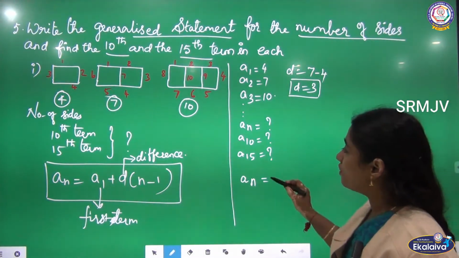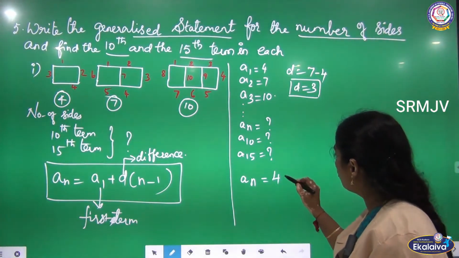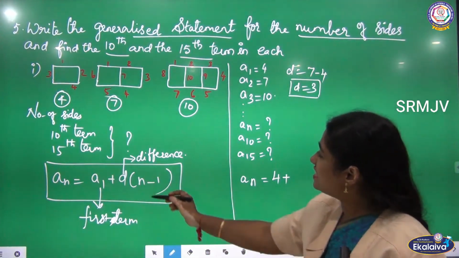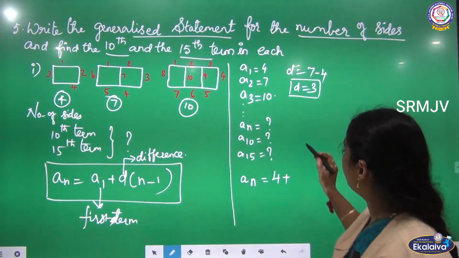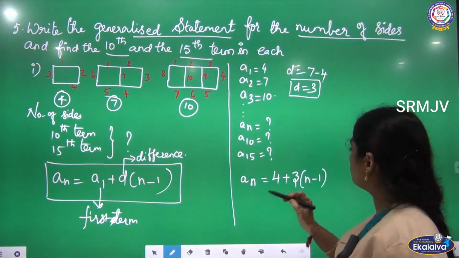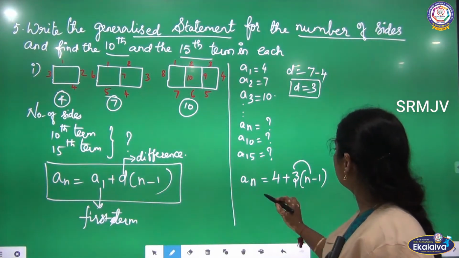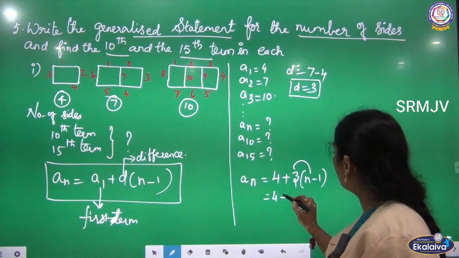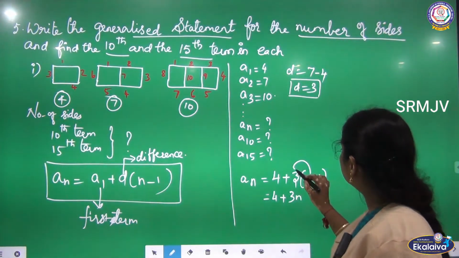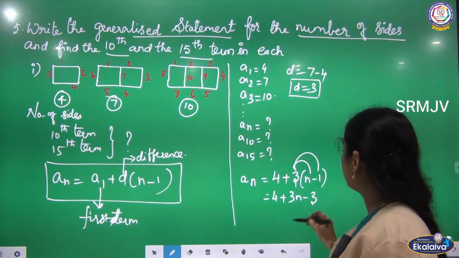Okay, now listen, I am going to find out the An, which is the generalized statement. So An is equal to what? First term A1, so 4 plus, what is the D here? The difference we have found out, 3 into n minus 1. Okay. Now 3 into n, what is that? 3n. So 4 plus 3n. 3 into minus 1, which is what? Minus 3.